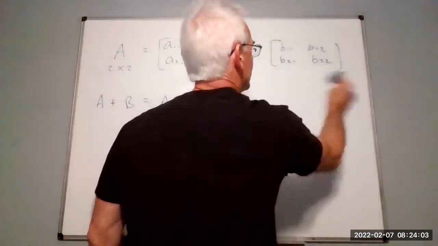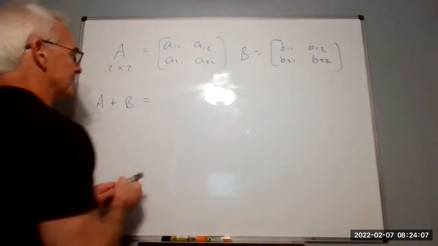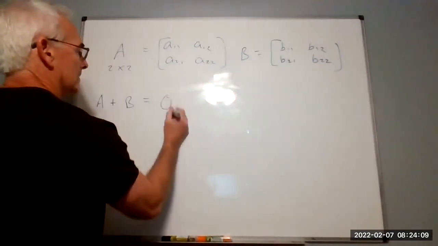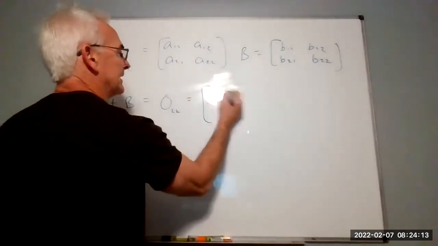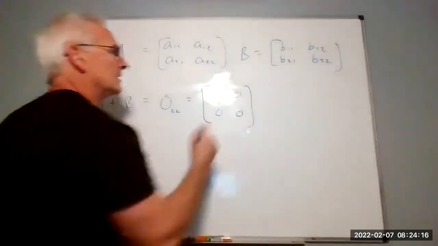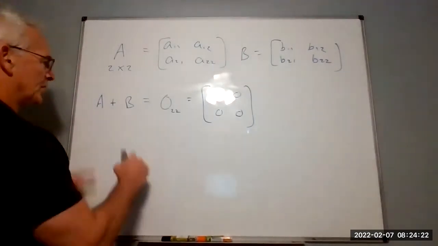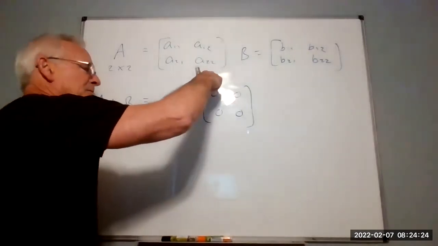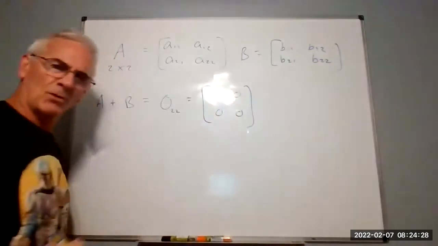But now I started with the same A plus B, but now I want A plus B to be the zero matrix, meaning I want to add A plus B and get this. Well, how could that be? We said this was supposed to be A11 plus B11, and this was supposed to be A12 plus B12, and so on.